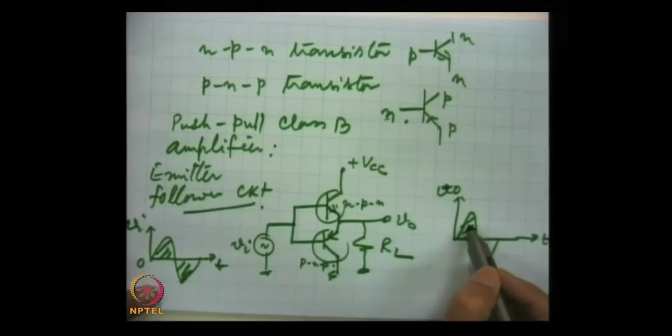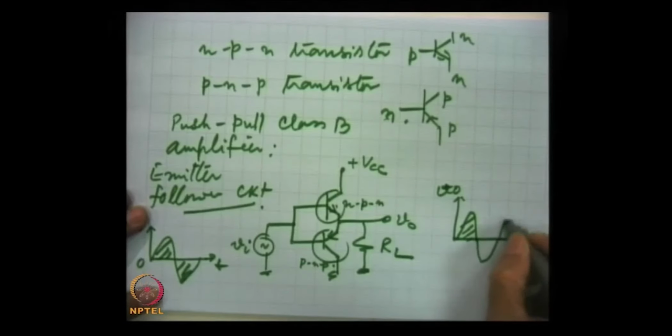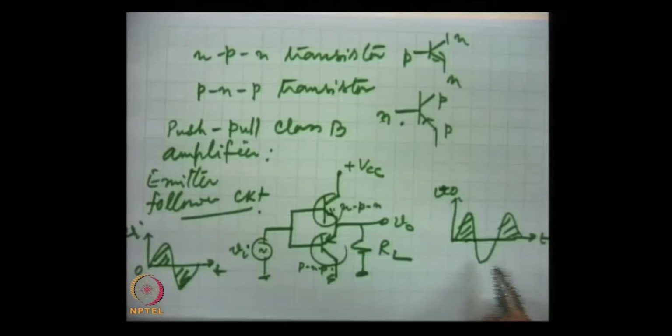This portion from NPN, similarly this will continue and the lower portions will be coming from PNP. This is push-pull action and we get a complete waveform from the sinusoidal input waveform, and the two transistors have to be used in the push-pull connection.